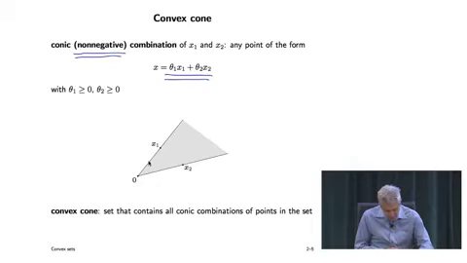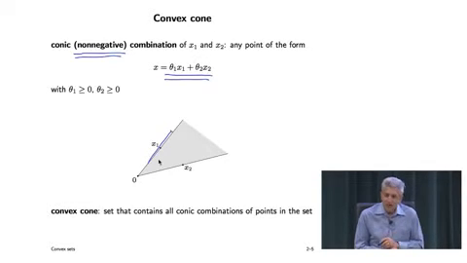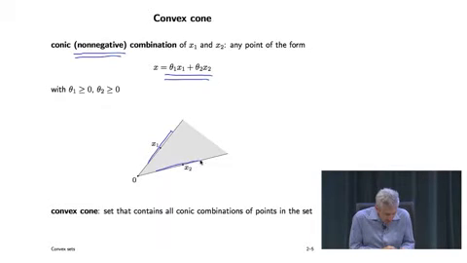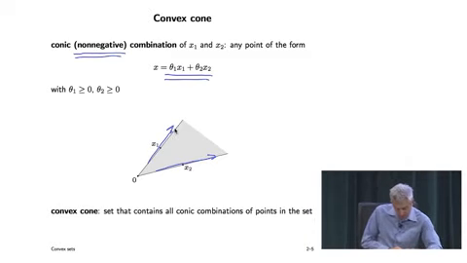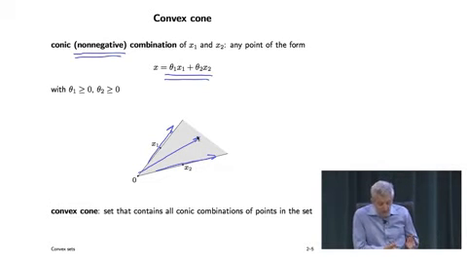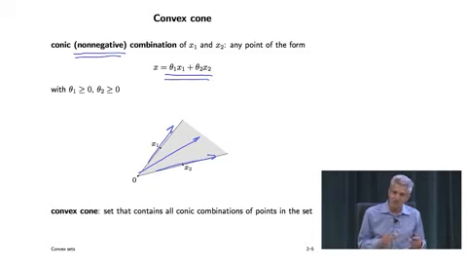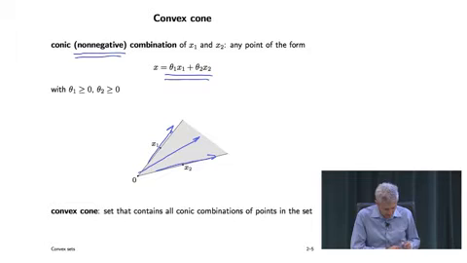These points on this boundary are all the non-negative multiples of x1, and these are all the non-negative multiples of x2. And all these points, for example, if I take something right in the middle, are the non-negative multiples of x1 plus x2. Another way to say that is that's everything of the form theta 1 x1 plus theta 2 x2. Generally it sweeps out this whole set like that.